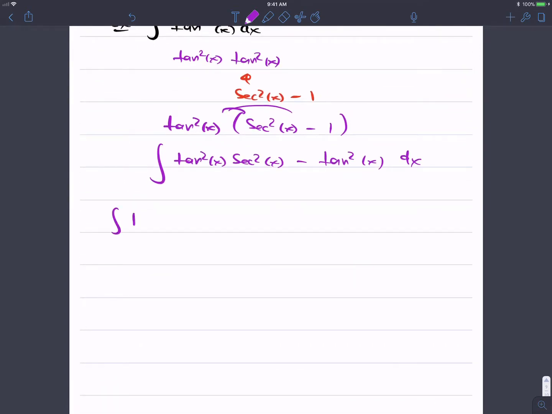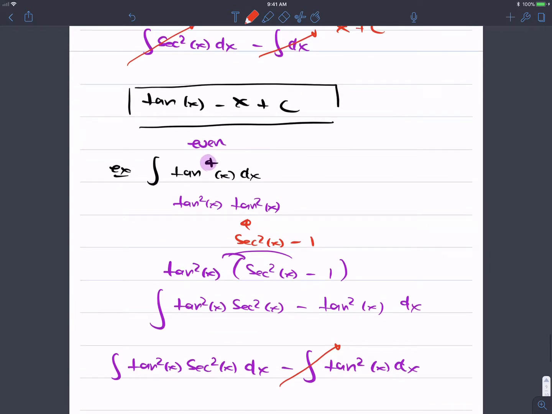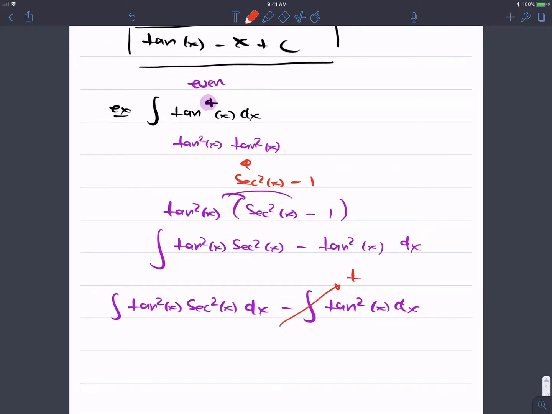So I have the integral of tangent squared x secant squared x dx minus the integral of tangent squared x dx. I want to remind everybody that we already integrated tangent squared in the last example: tangent squared is tangent x minus x plus c. That's right up here.